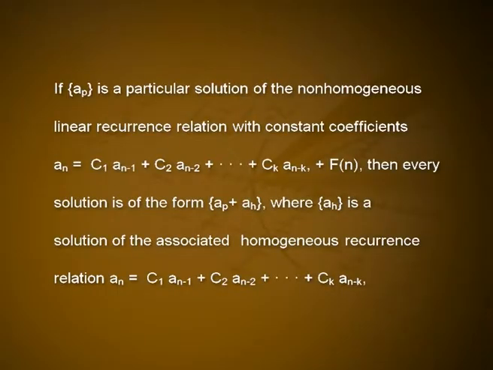If a_n^(p) is a particular solution of the non-homogeneous linear recurrence relation with constant coefficients a_n = c_1 a_(n-1) + c_2 a_(n-2) + ... + c_k a_(n-k) + f(n), then every solution is of the form a_n^(p) + a_n^(h), where a_n^(h) is a solution of the associated homogeneous recurrence relation a_n = c_1 a_(n-1) + c_2 a_(n-2) + ... + c_k a_(n-k).